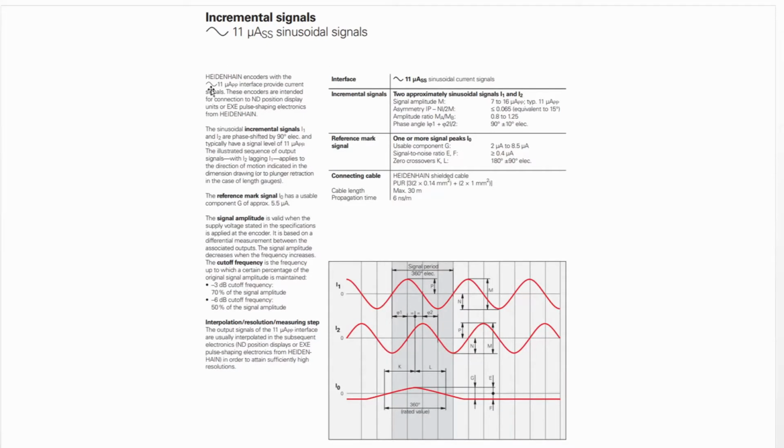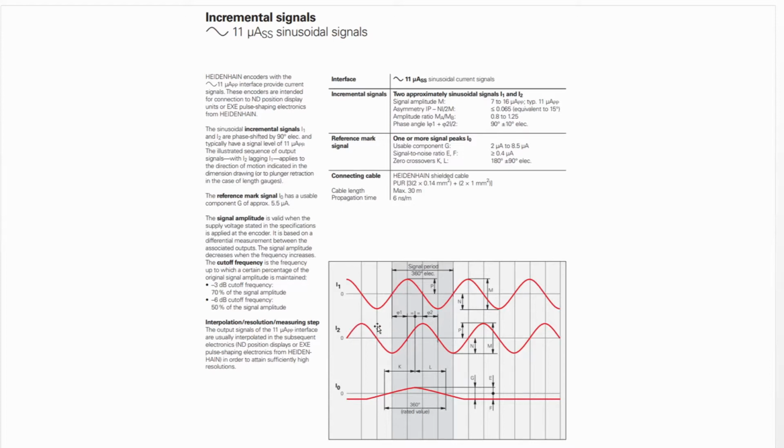Now, the encoder I bought has an incremental sinusoidal current signal, and the giveaway is when you see this 11 microamp SS sinusoidal signal. That's what these Heidenhain encoders actually are. There are two different signals. There's the sine cosine signal for the position, which is 11 microamps peak to peak.